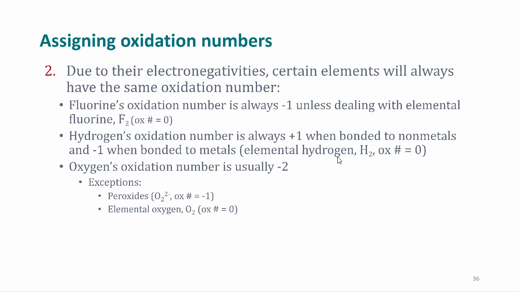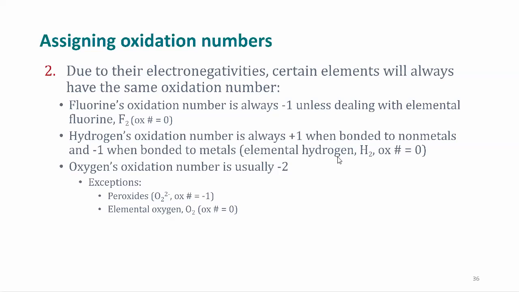And finally, oxygen. Oxygen's oxidation state is usually -2. Oxygen is the second most electronegative element on the periodic table, and its most common charge, since it's in group 16, is -2. However, when it's by itself, it's going to be 0. And if it were ever with fluorine, the fluorine's -1 is going to take precedence.